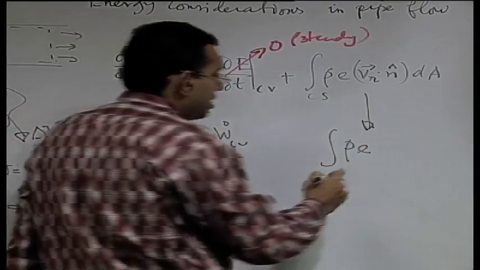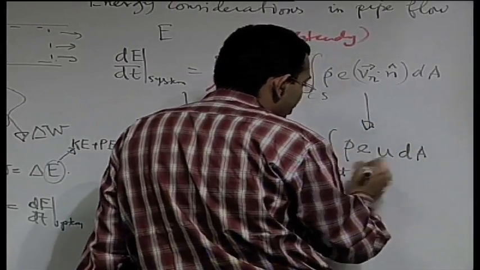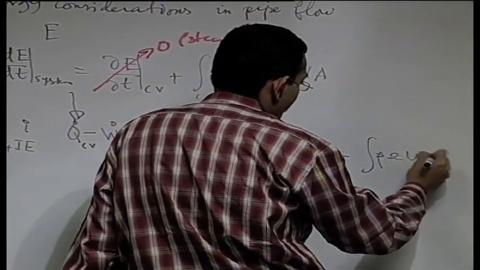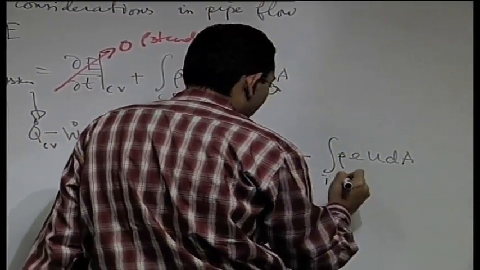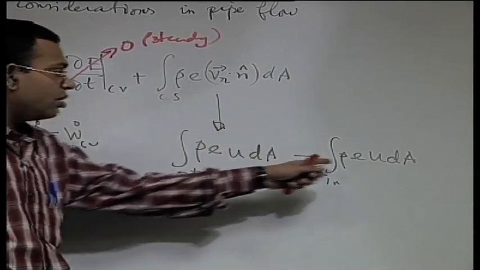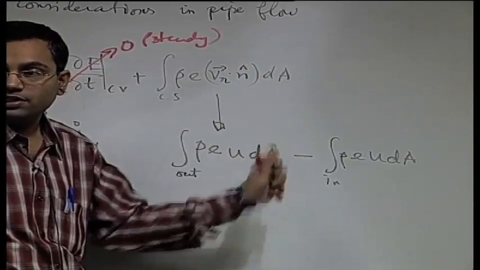So we can say integral of rho e u dA for the outflow boundary minus integral of rho e u dA for the inflow boundary, right, because we have now lost the vector sense, so we have put the proper algebraic sign to represent the vector sense.